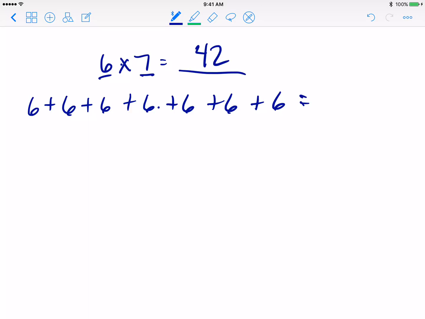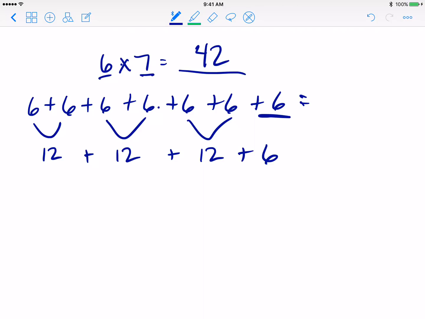Okay, we're good here. So I'm going to do the same thing. I'm going to do my doubles, but I have 1 extra down here. It's okay, so just watch what I'm going to do here. So 6 plus 6 is 12, 12, 12, and then I still have 6, okay?